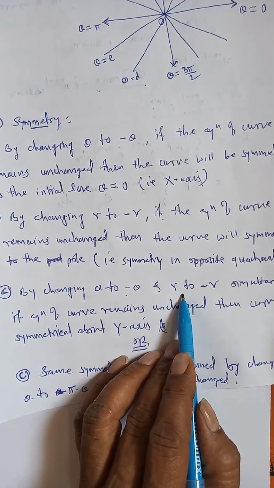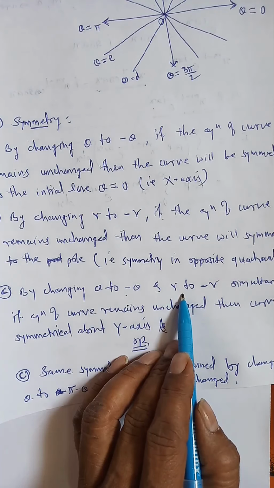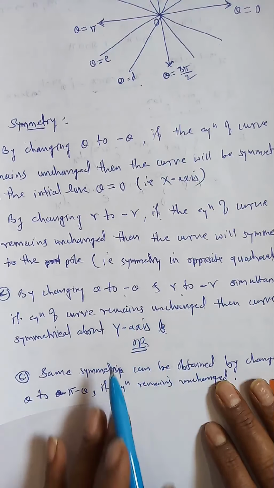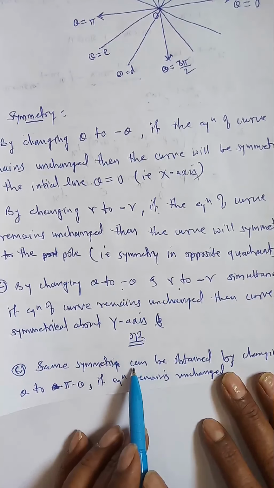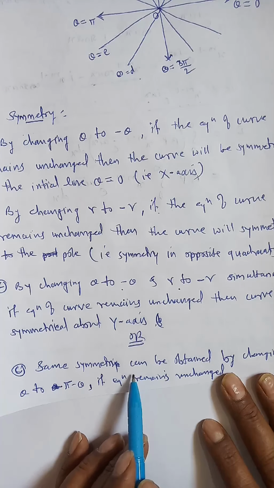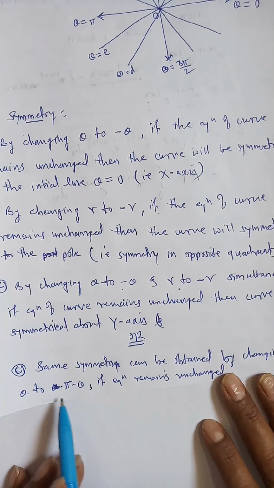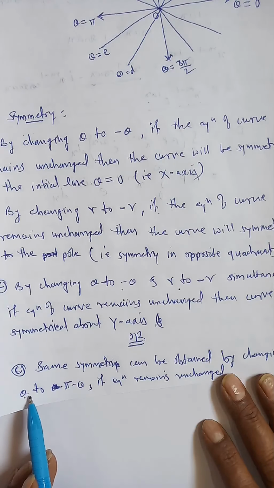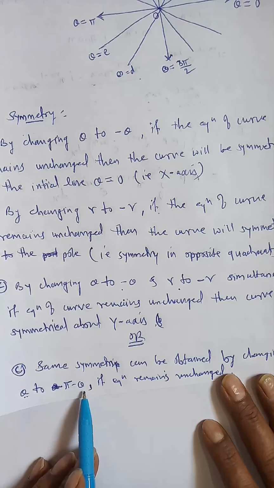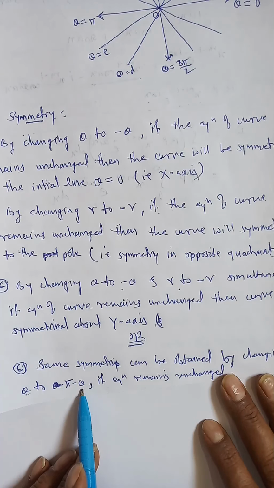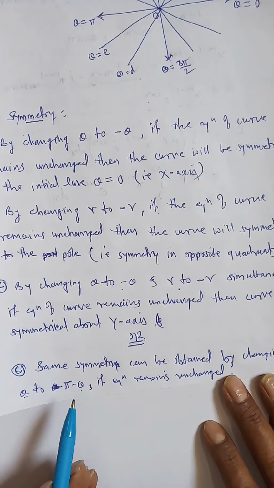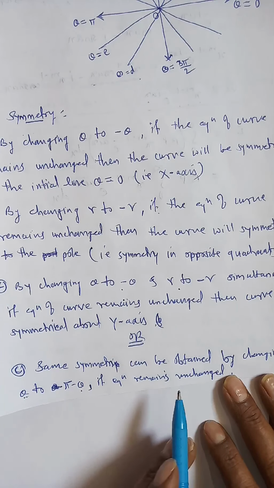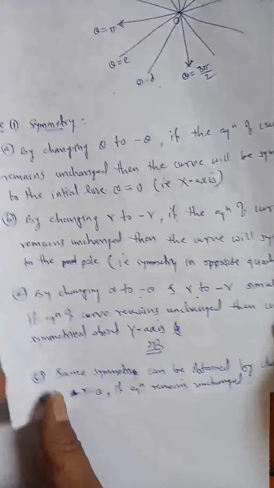It doesn't mean that it is not symmetrical about the y-axis. In that case, we check another rule for the same symmetry: we replace theta by pi minus theta. If the equation remains unchanged, then the curve is symmetrical about the y-axis. So these are the rules about symmetry.